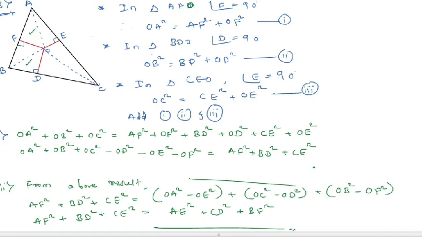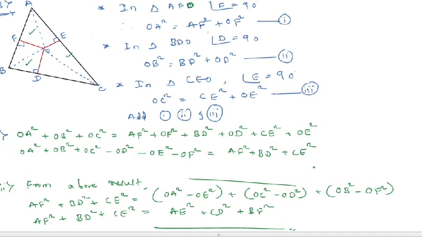Consider another triangle CEO. In triangle CEO, angle E is equal to 90 degree. So, OC square is equal to CE square plus OE square, call this as equation number 3.